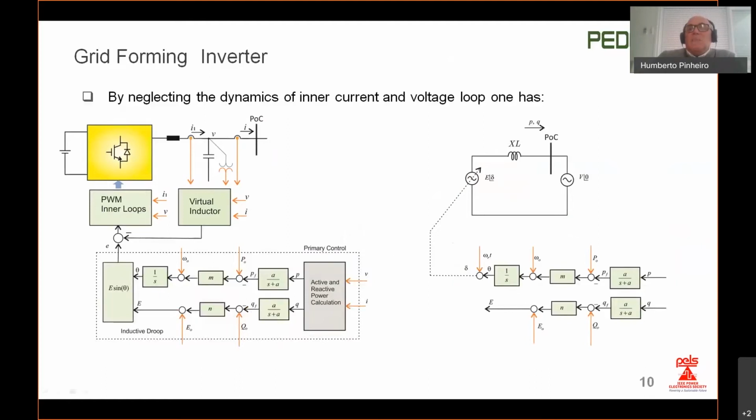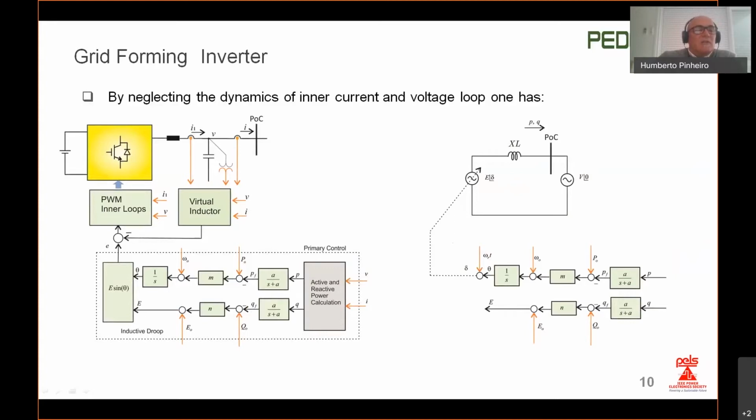In order to understand the behavior of the Droop control and tune its parameters, it is possible to assume that the converter is operating in sinusoidal steady state, where the dynamics of the inner voltage and current loops are neglected. For this analysis, we are not going to consider the dynamics of the voltage loop and the current loop that might limit the current here.